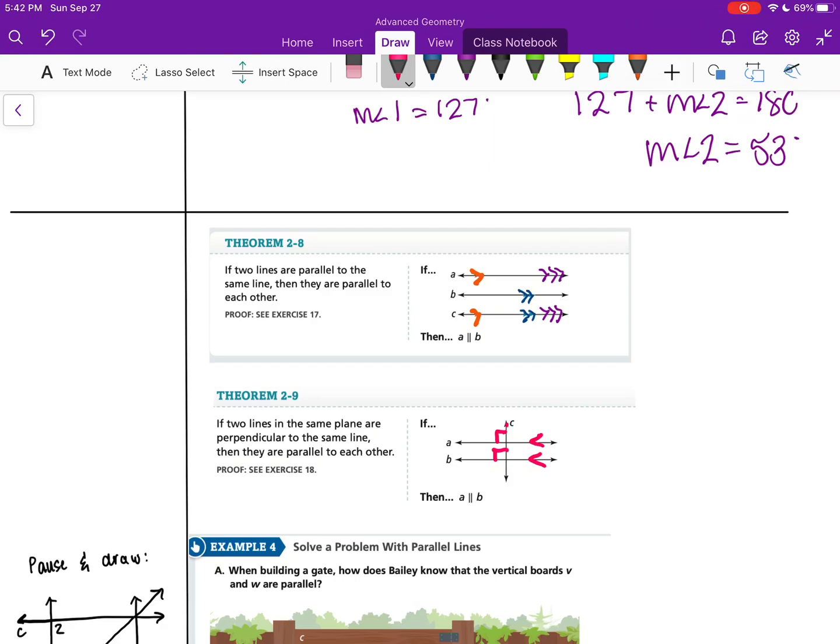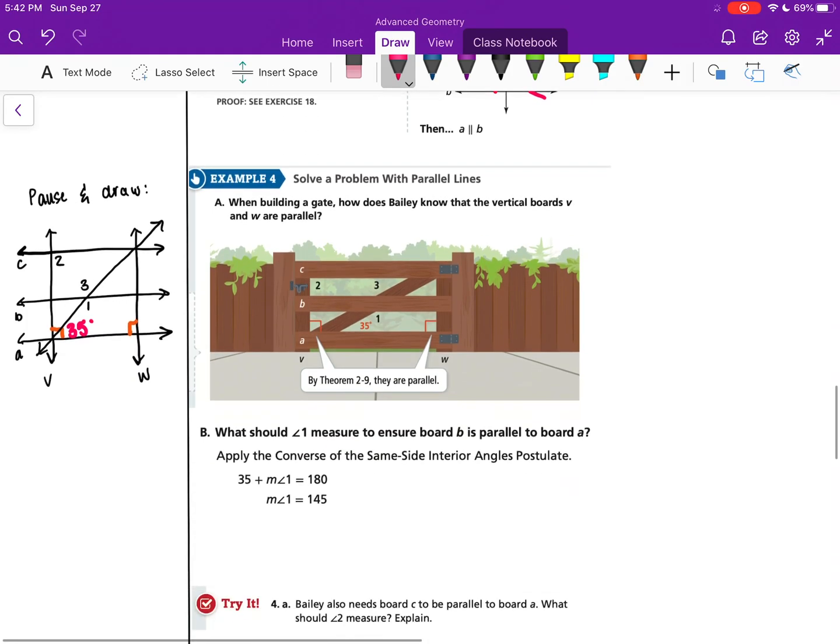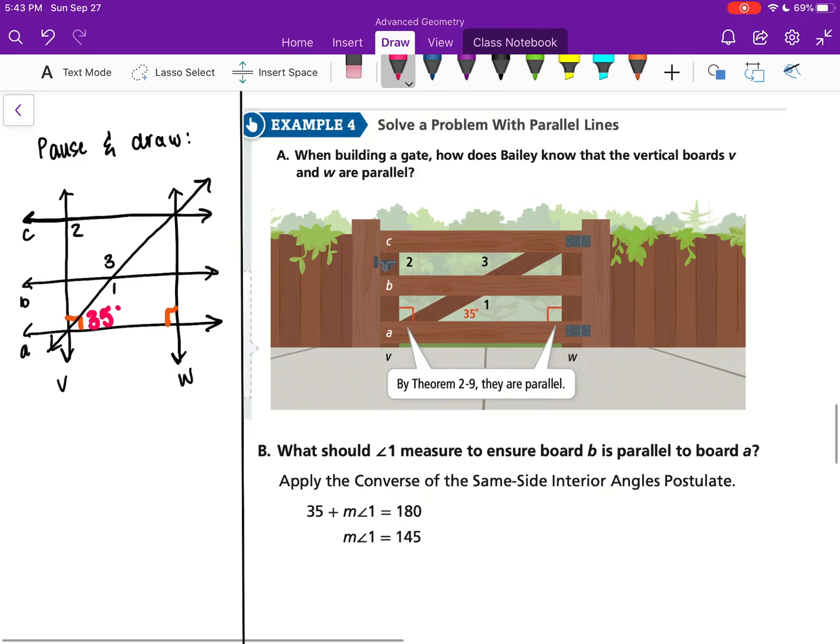We're going to use that knowledge to do example 4, which also has a figure in it that is not in your book. It's a kind of picture of a gate that I've sketched out, and I've put all the information that we're given in it. So we are given 3 horizontal lines, A, B, and C. Check.